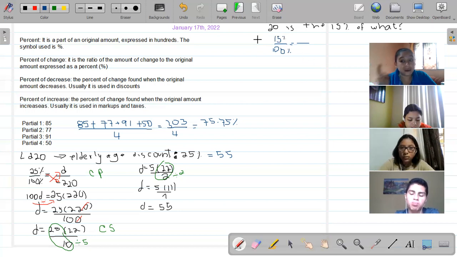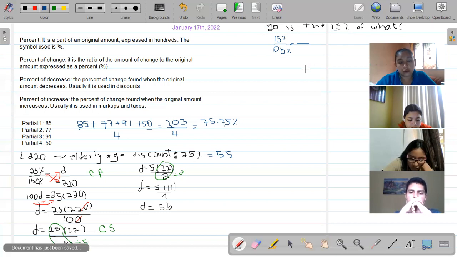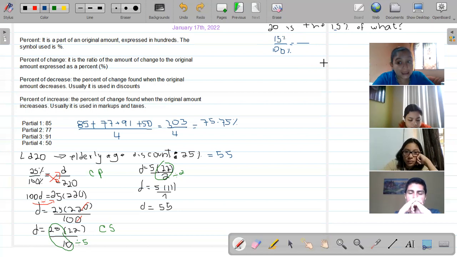And now is where we need to be really careful. So we used already this 15. We haven't used this 20, right? We need to know, is the 20 the whole amount or is the 20 talking about a little part? So let's read it one more time. It says 20 is the 15% of what? So is the 20 going to go right next to the whole, the 100, or is it going to go to the little part, the 15?